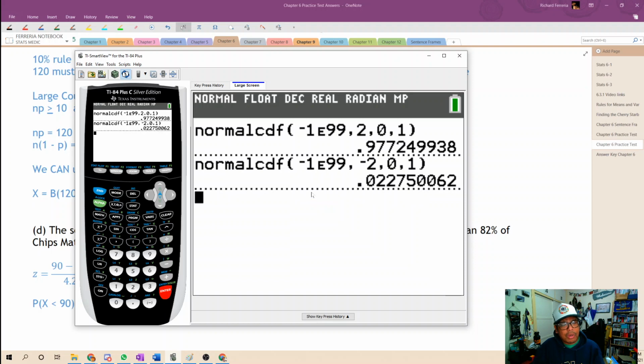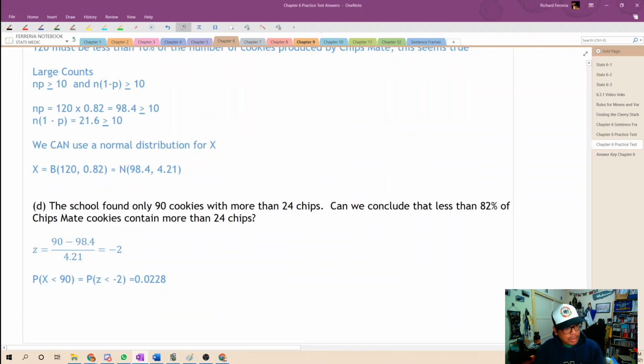And yeah, 0.0228. Good. So the probability of getting 90 or fewer cookies with 24 or more chips is equal to 0.0228. And the magic part here is that that is less than 5%.